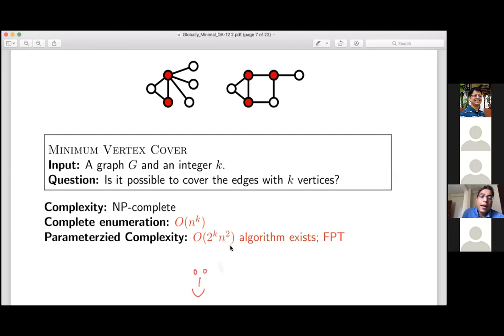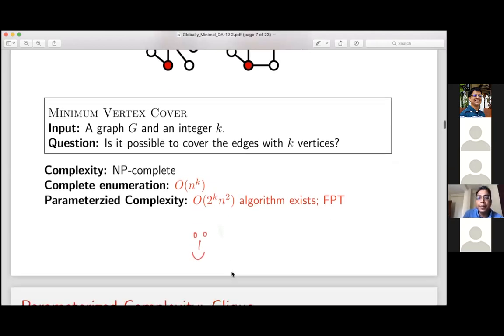That means the complexity becomes polynomial in input size, but it is multiplied by some computable function of k. So it's f(k) into n to the power of c form. If we get an algorithm of this form for an NP complete problem with respect to some parameter, then we call it a fixed parameter tractable algorithm, and we're happy that the problem is FPT.